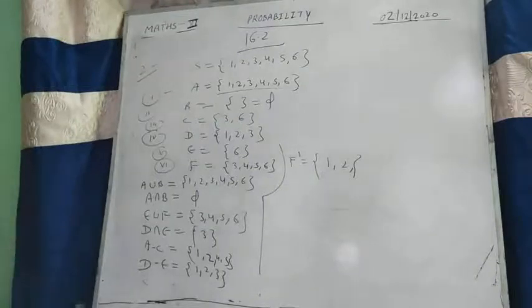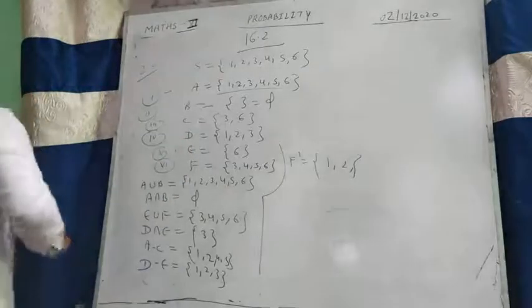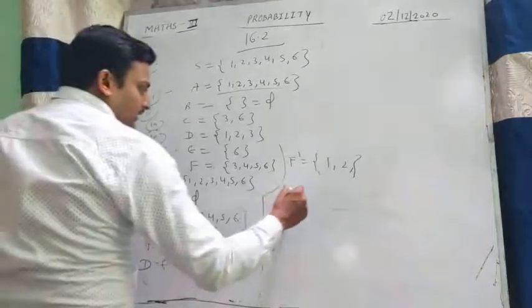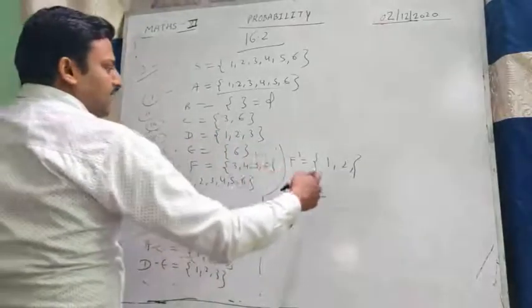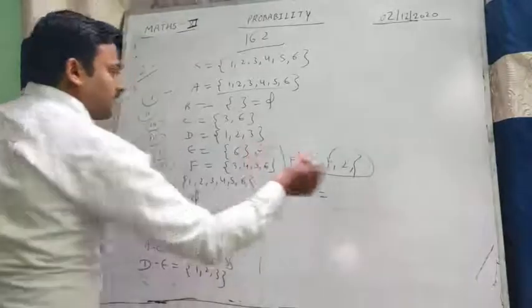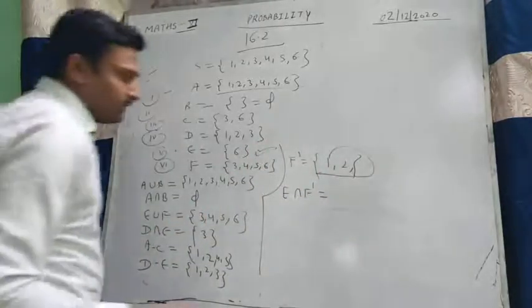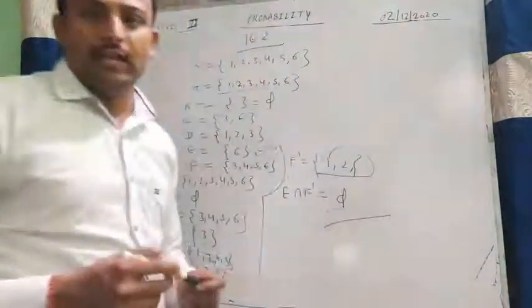Now we have to find the last one, E intersection F dash. E is 6 and F dash is 1, 2. There is nothing common. So it will be the empty set. That will be the answer.